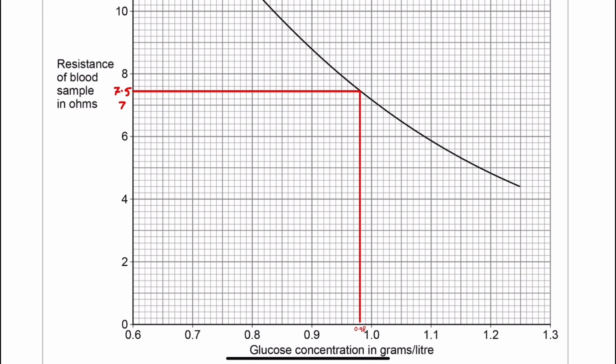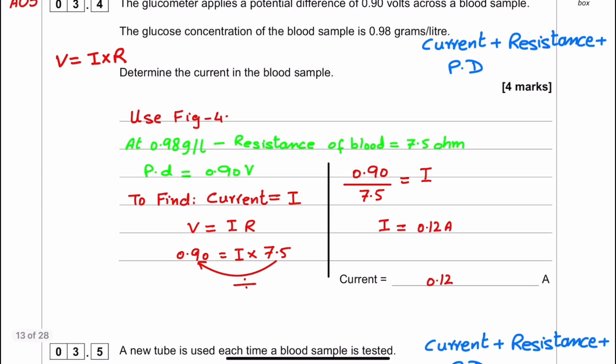So we will use this value in our answer. Use figure number 4 at 0.98 grams per liter. The resistance of the blood is 7.5 ohms. The potential difference is already given here in the question, 0.9 volts. We need to find the value of the current. We will use the formula V is equal to IR.